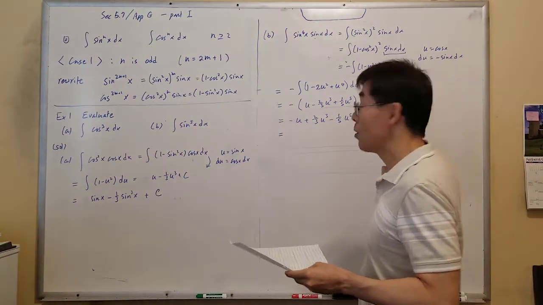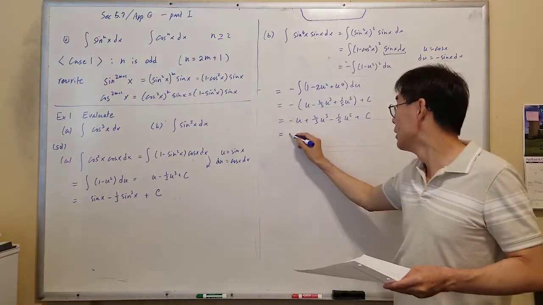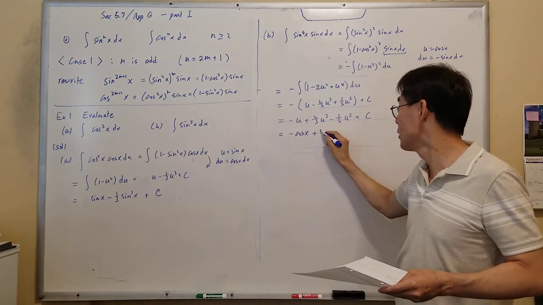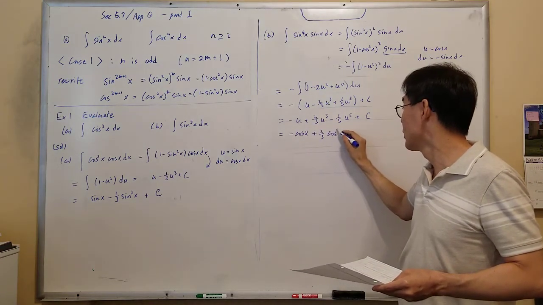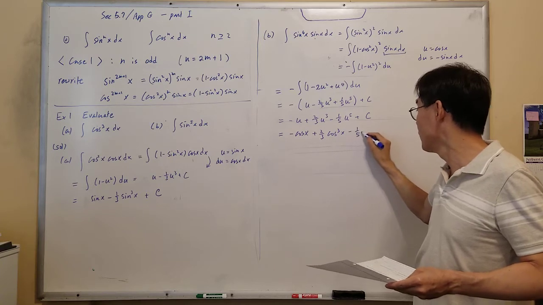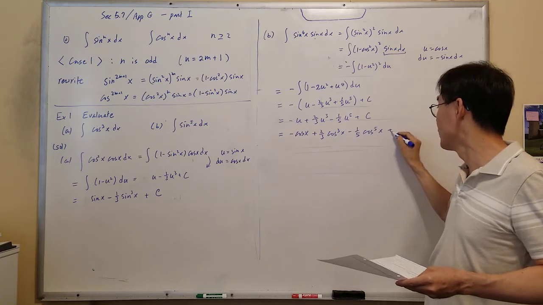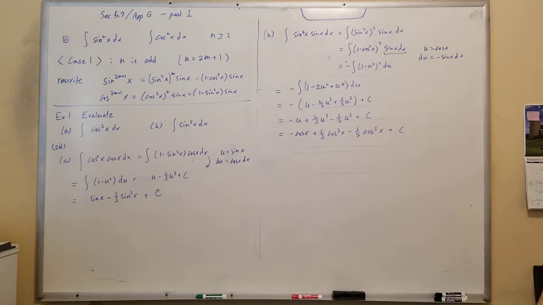So u equals cosine of x: minus cosine of x plus 2/3 cosine cubed x minus 1/5 cosine to the fifth power. Okay?